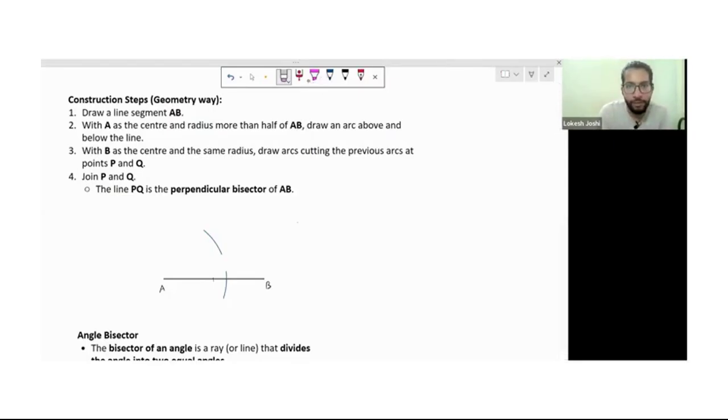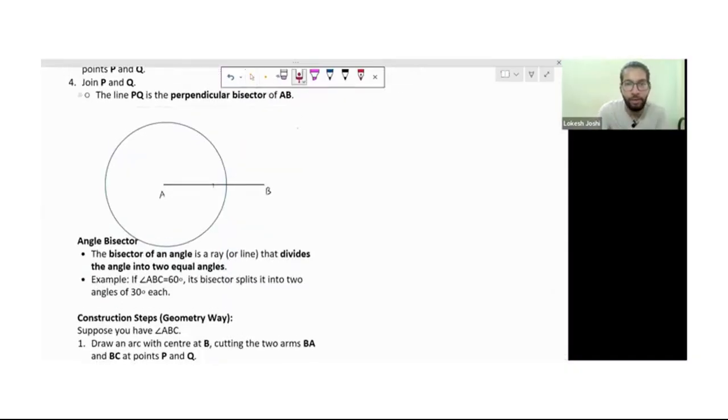Now after that, with B as a center and the same radius, I have to take the same radius. Draw arcs cutting the previous arcs at the points P and Q. Let me copy this one, because we have to make arcs of equal lengths.